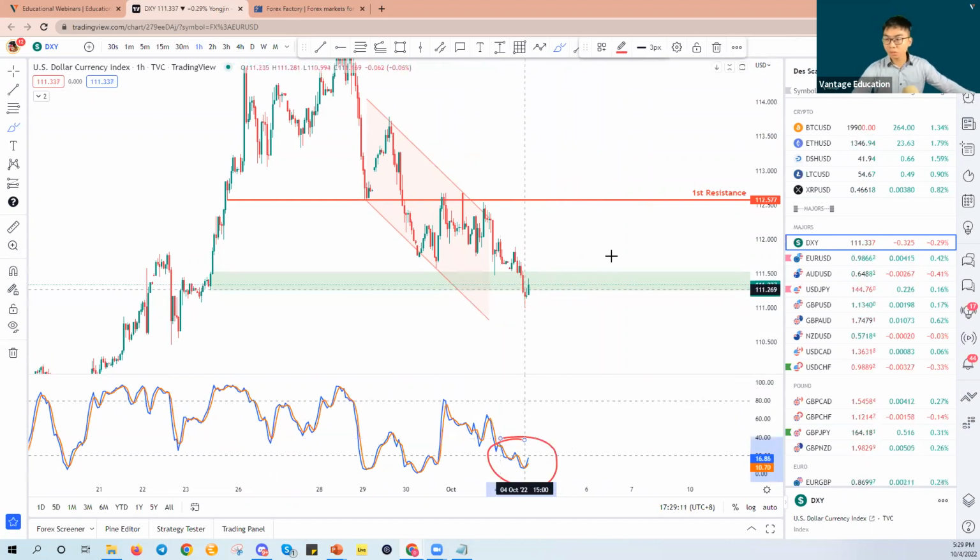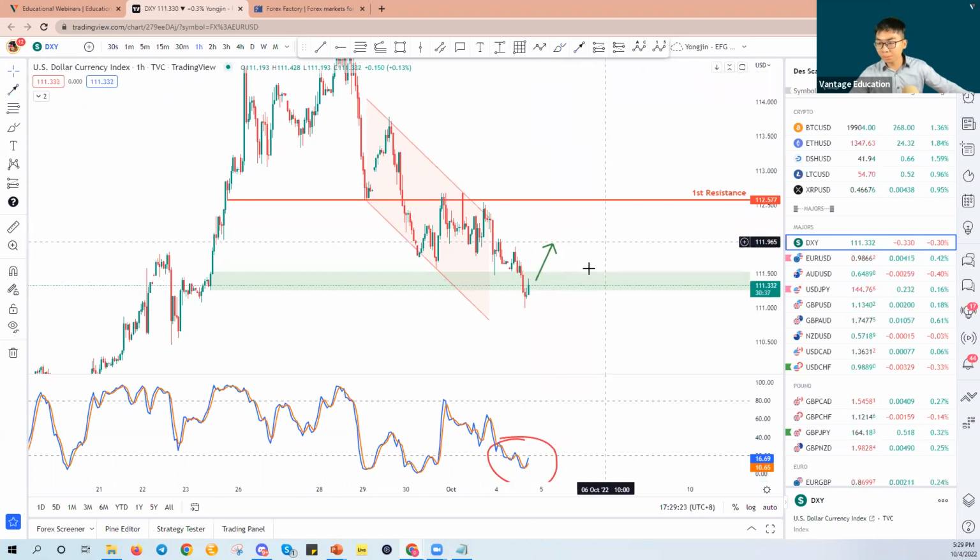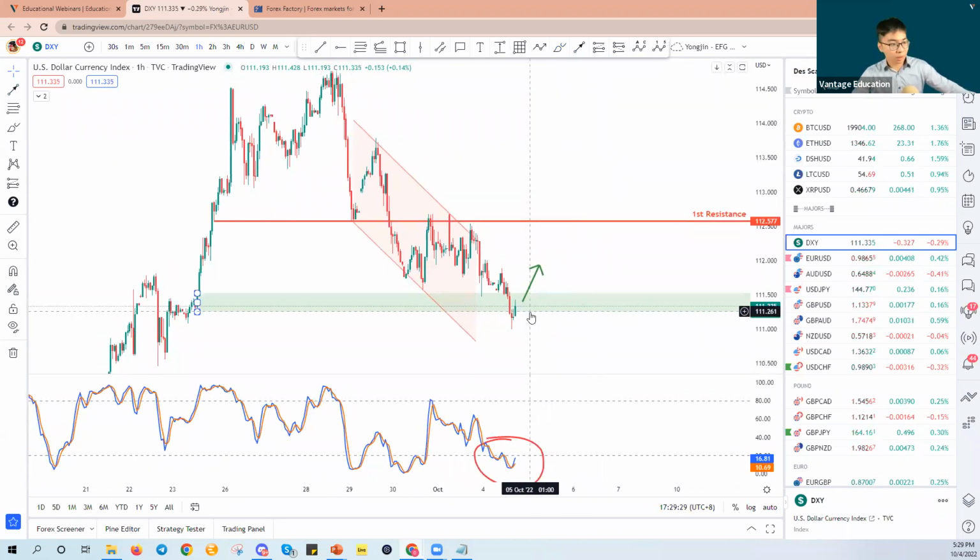This is not a confirmation, but we can possibly expect DXY for today to continue heading upwards. It's possible since the stochastic oscillator is in the oversold area. So if DXY goes up, euro dollar might go for a sell.